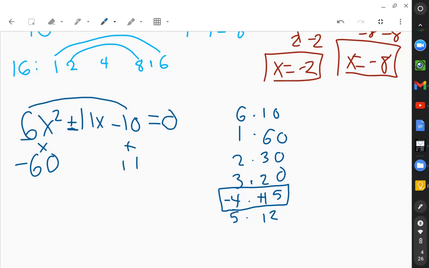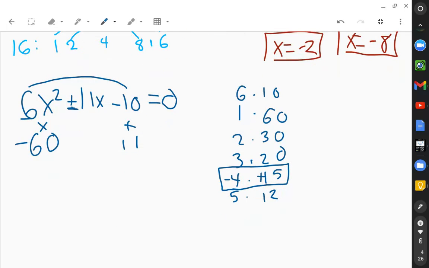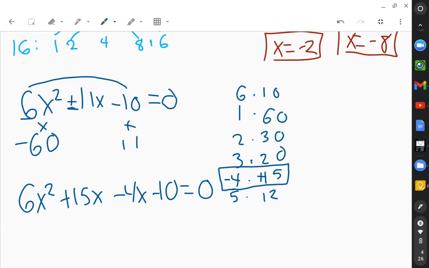And so we're going to rewrite this equation as 6x squared plus 15x minus 4x minus 10 is equal to 0. So you should get 4 terms here now.